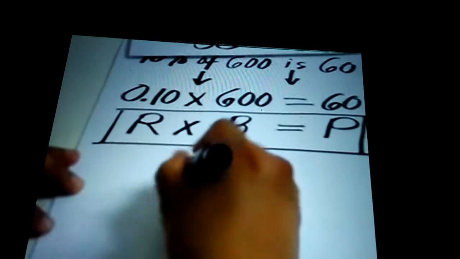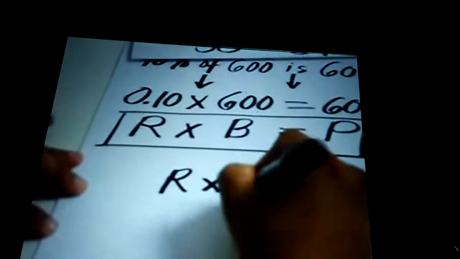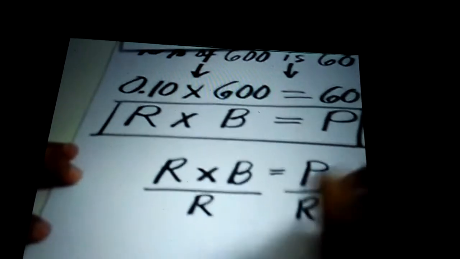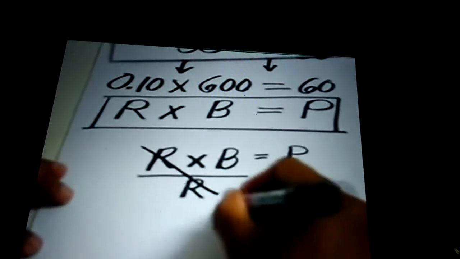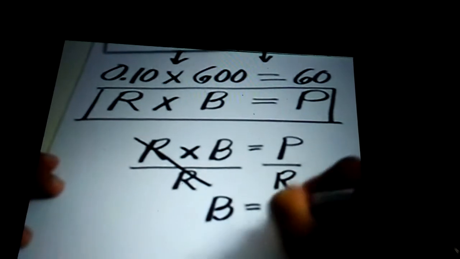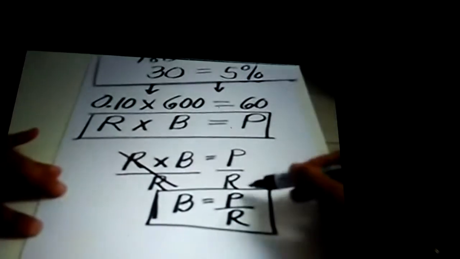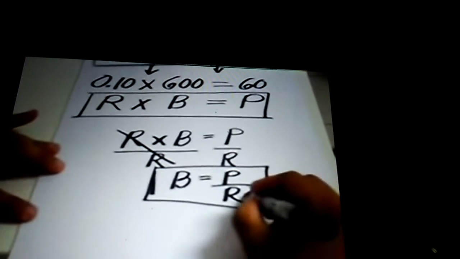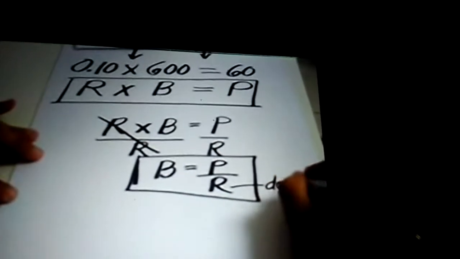So we have r times b equals p. Dividing both sides by r, we have b equals p over r. So to find the base, simply divide the percentage by the rate. But remember, the rate must be in its decimal form.